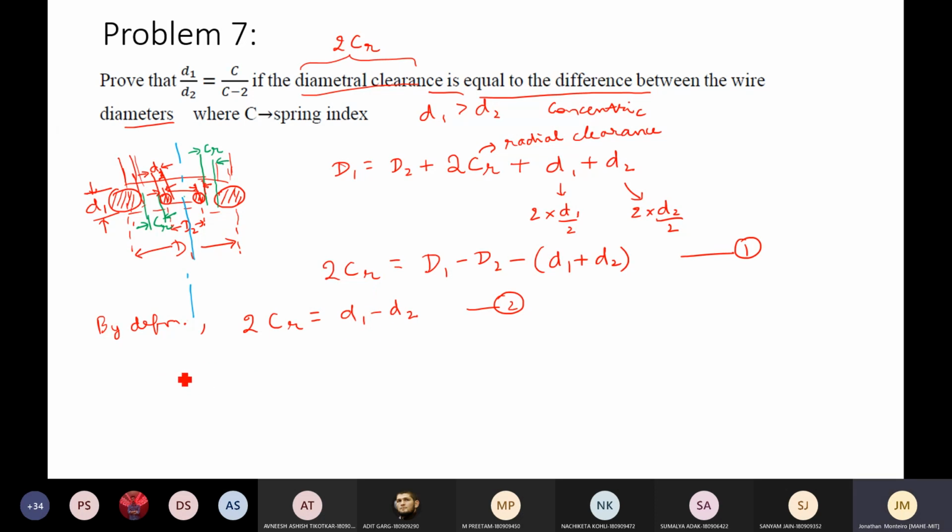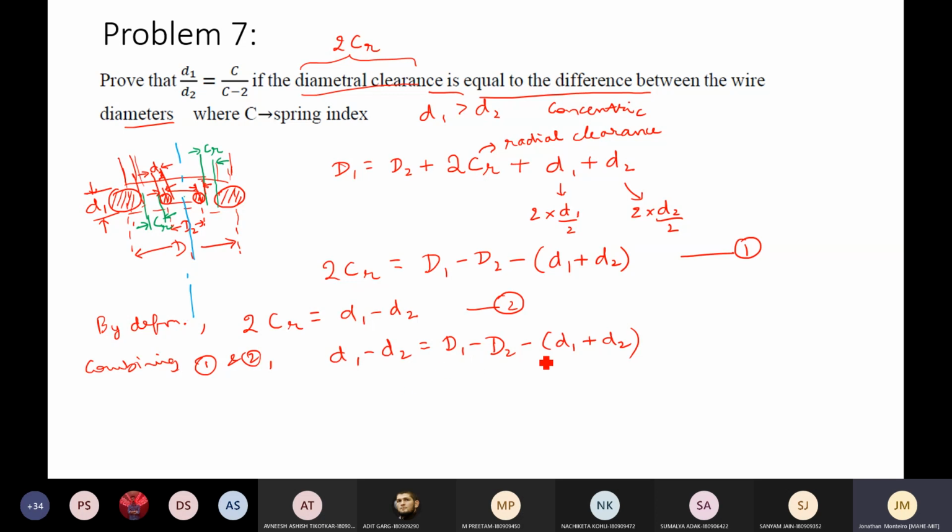Now substitute one inside the other. See, 2 times CR you got D1 minus D2. So let me write that, combining 1 and 2, or you can put 2 in 1, whatever you like. D1 minus D2 is equal to D1 minus D2 minus of D1 plus D2.